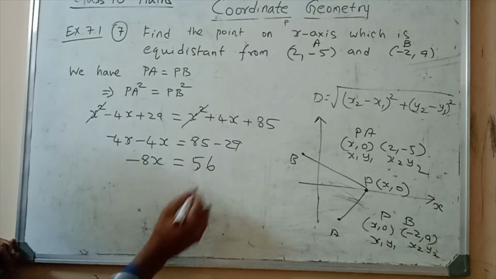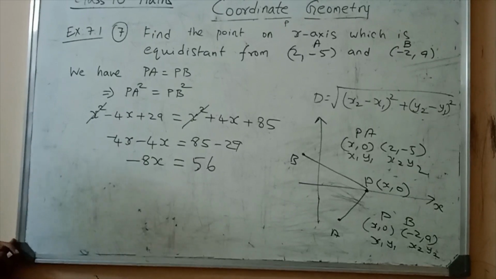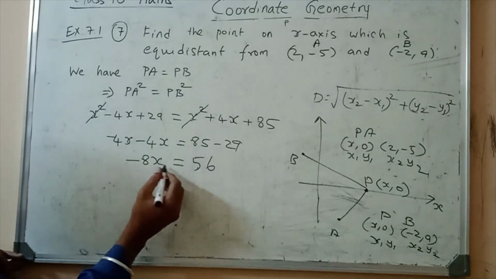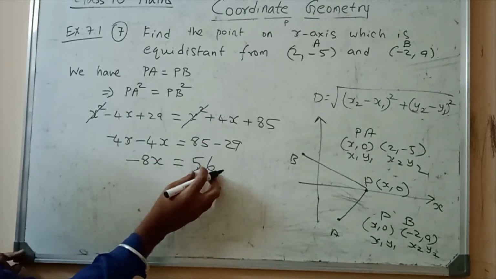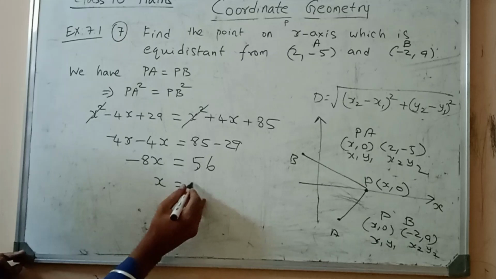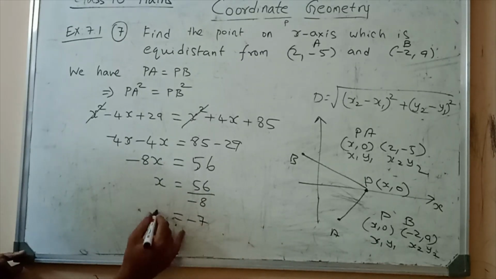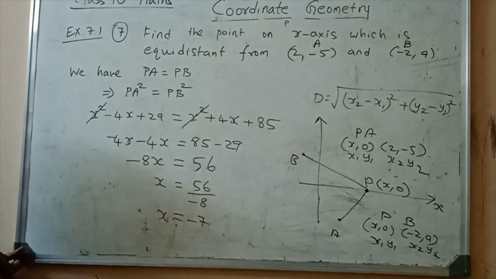You get 56, okay. 56 plus 29 will get you 85. So minus 8x you are getting 56. So x is equal to 56 by minus 8. So it will be minus 7. So x we get as minus 7.